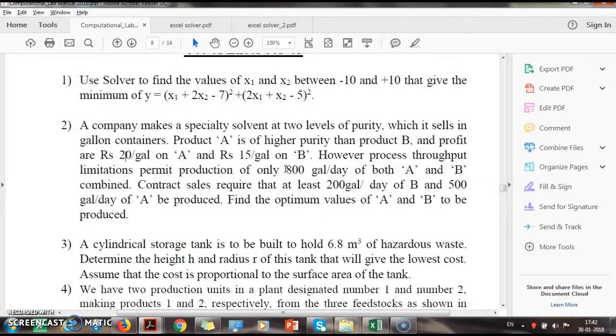The other two constraints are individually for A and B. That is, if you want to maintain some kind of financial viability, you require at least 200 gallon per day of B and 500 gallon per day of A to be produced. That means the minimum quantity of B to be produced is 200 and the minimum quantity of A to be produced is 500.